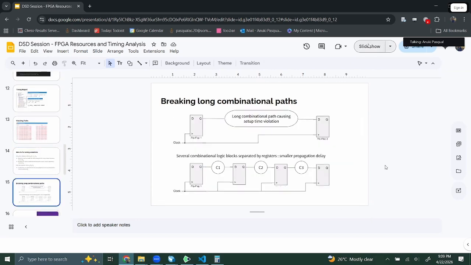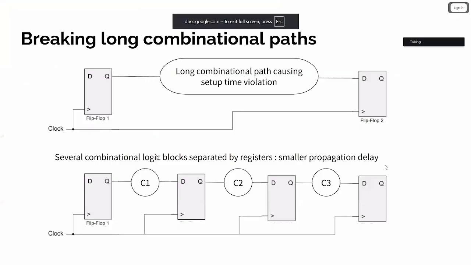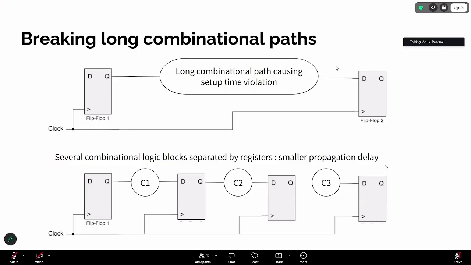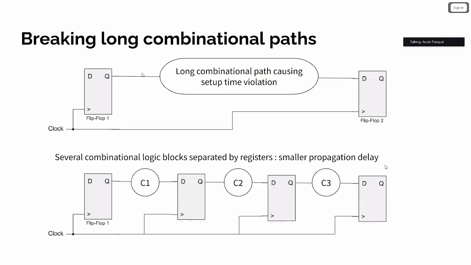So, a sort of generic circuit. This is the sort of circuit we have. There's a flip-flop for the input, and there's a flip-flop to capture the output, and there's a long combinational path between them.